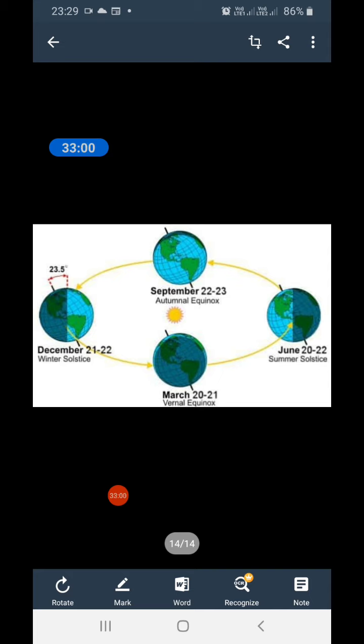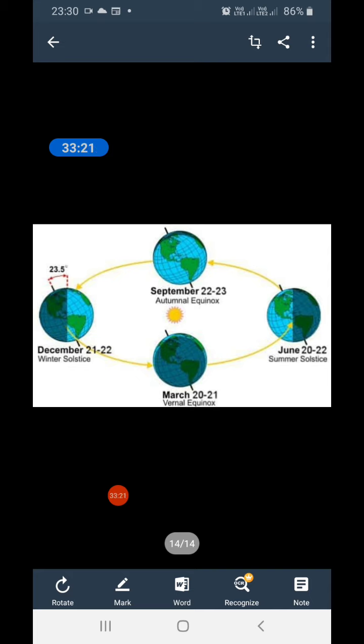Now after winter solstice, as the earth is moving, again the position of the earth comes in such a manner that the sun shines vertically over the equator on March 21st or March 20th, and this is called the spring or vernal equinox. So there is no abrupt change from one season to other.